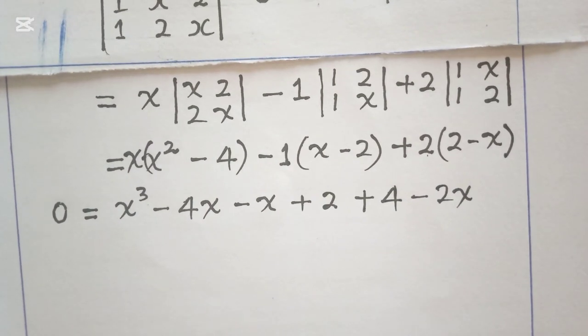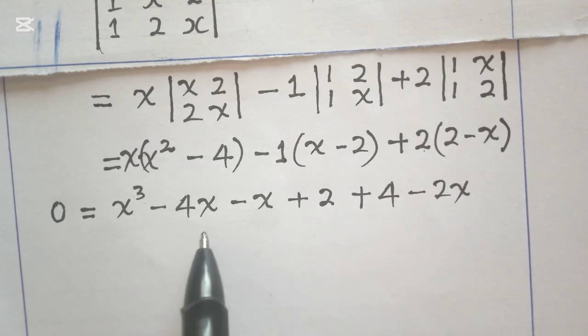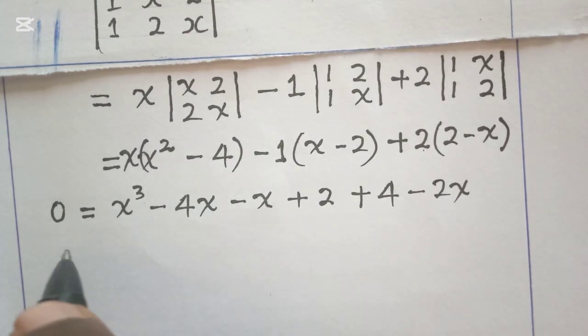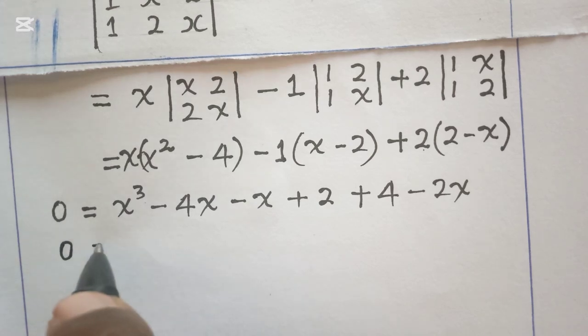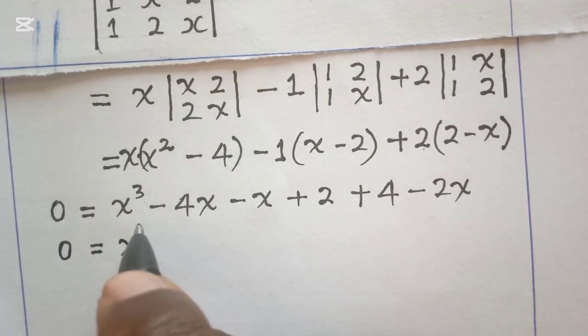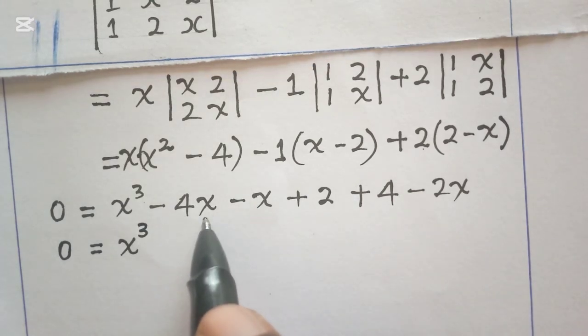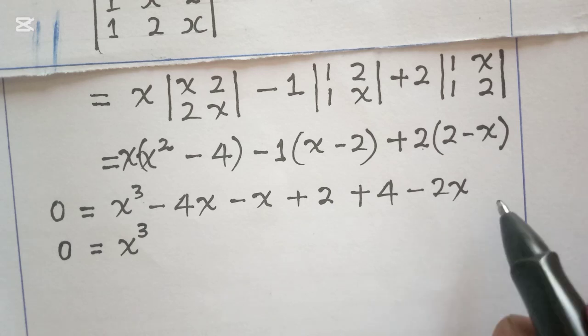So guys, we move slowly but surely. In mathematics, guys, we have to be very careful, otherwise we make a careless mistake. And so guys, we continue. From there we look for the like terms and add them together. So here we have 0 is equal to x cubed. Because there is no other x cubed, you can just write it alone. Then you have here minus 4x minus x minus 2x.